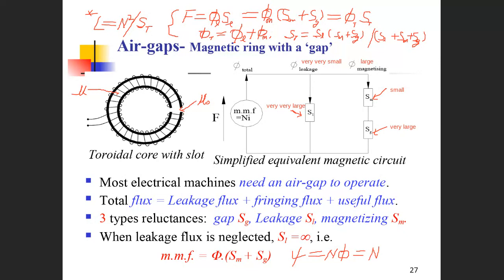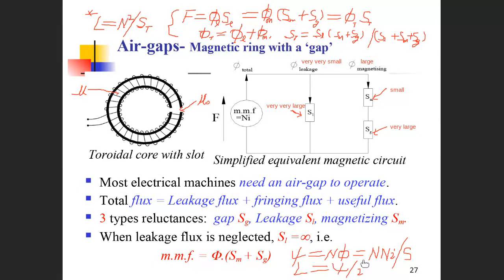And the phi is F over S. Look at here, once again, recall your memories that the flux linkage, which is related to the inductance, is turn numbers times the flux phi.